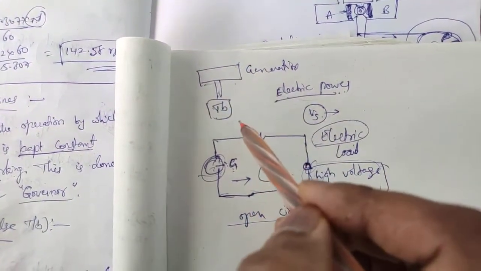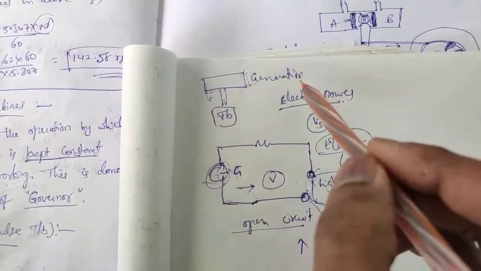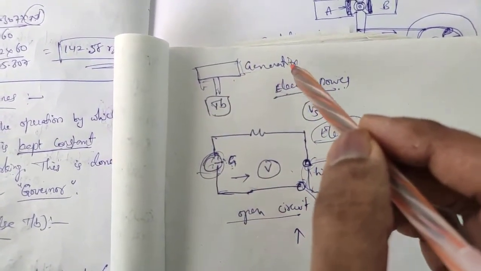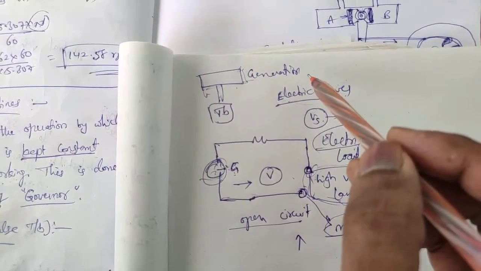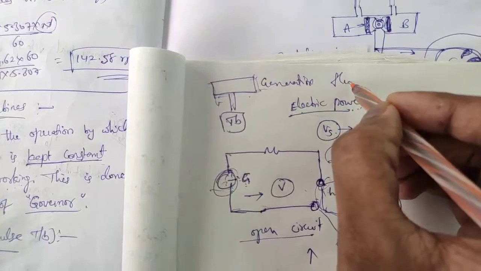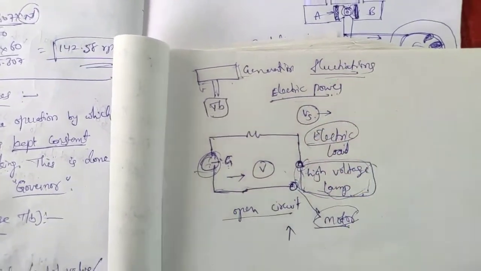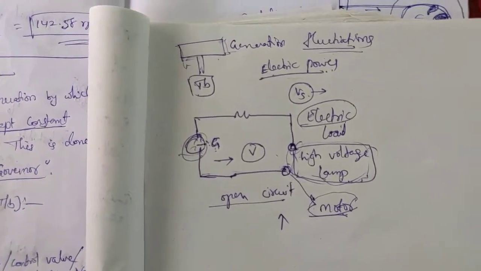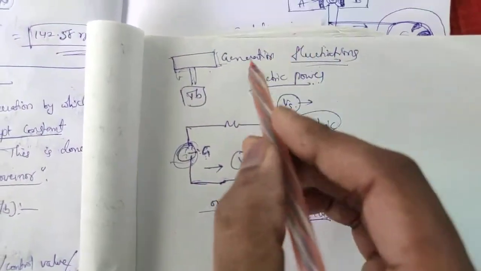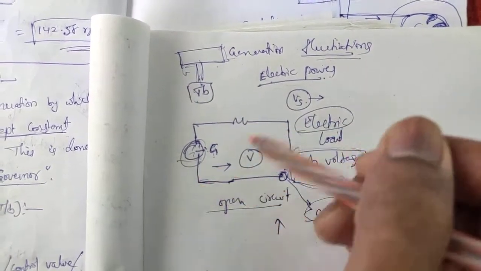In the same way, the power source is the generator. Out of the generator there is a power supply station, and in that station fluctuations occur. In order to avoid these fluctuations, the shaft should maintain constant speed.